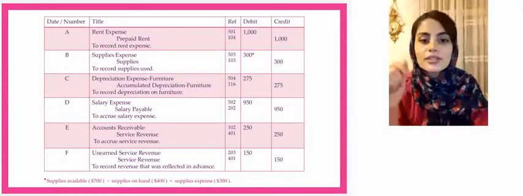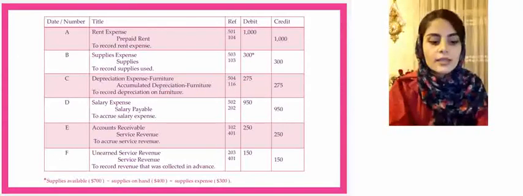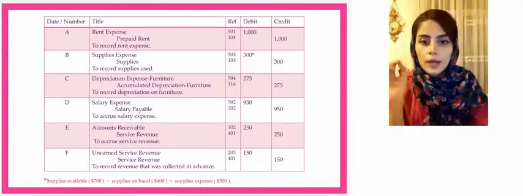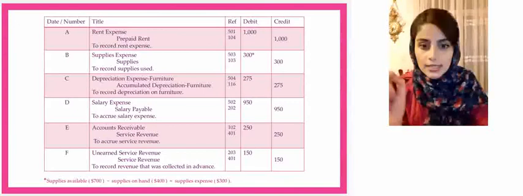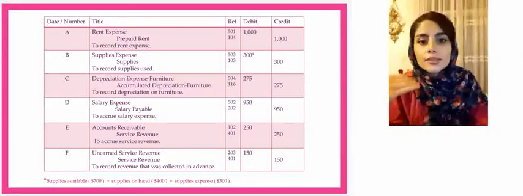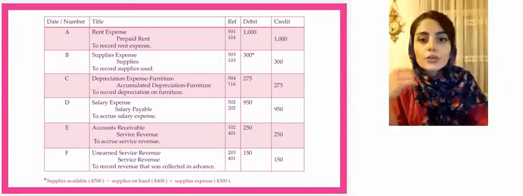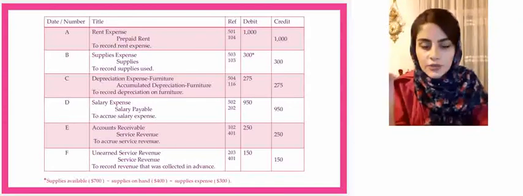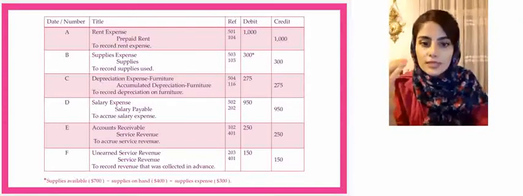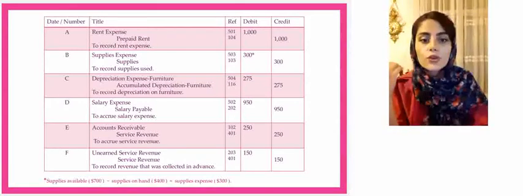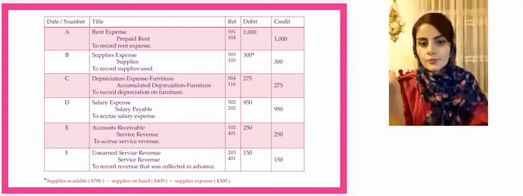And for transaction C, we had depreciation on furniture $275. As you can see, depreciation expense furniture and accumulated depreciation furniture, it should be credit. And the first one, depreciation expense furniture, increased and accumulated depreciation furniture increased for $275.